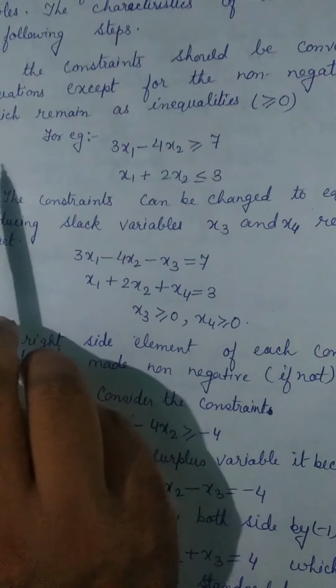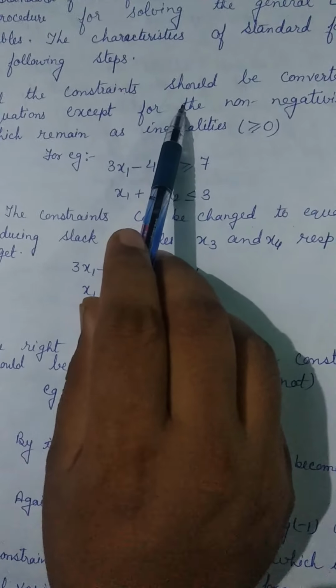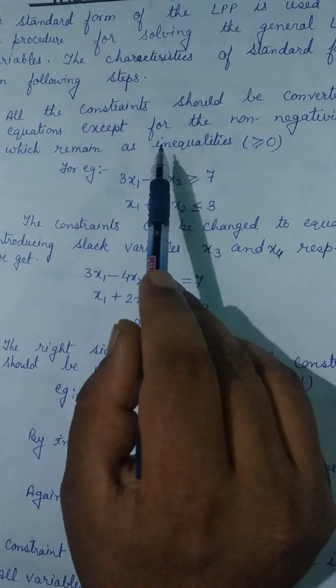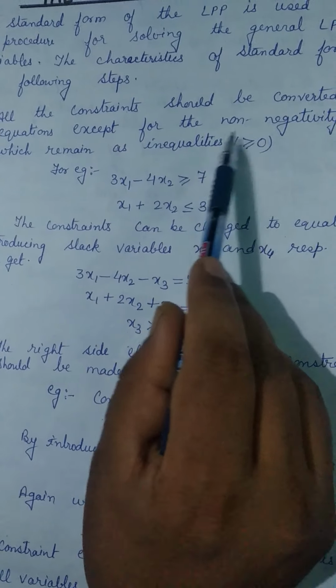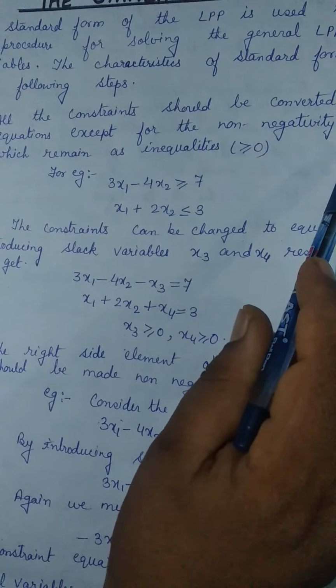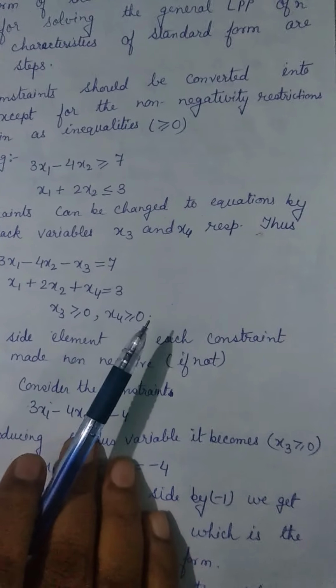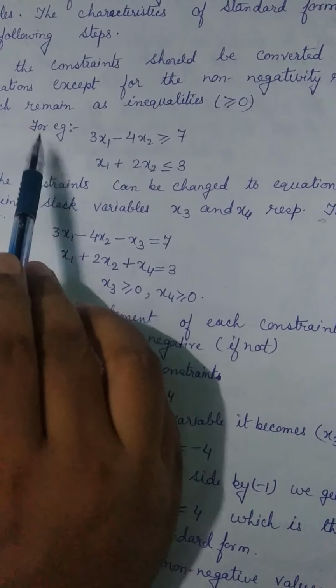Step 1. All the constraints should be converted into equations except for the non-negativity restrictions, which remain as inequalities. Let us see one example.